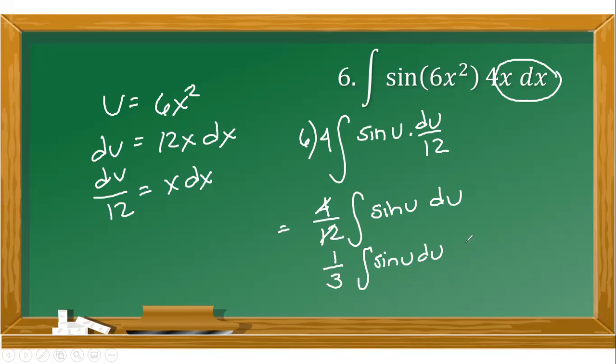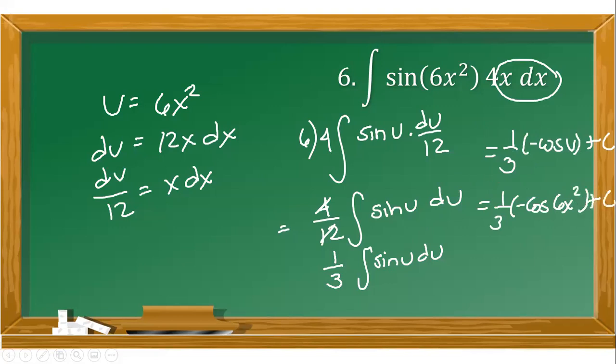Our final answer, so 1/3 integral ni sine is the negative cosine of u plus c. Okay, so bringing back the value of u, our final answer will be cosine of 6x squared plus c. Okay, ayusin lang natin. So that is negative 1/3 cosine of 6x squared plus c.